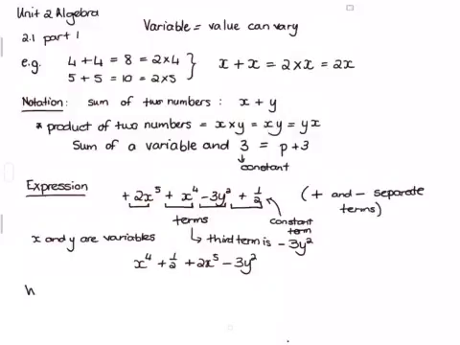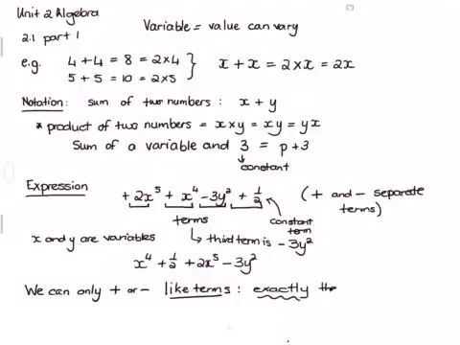Right, we can only add or subtract like terms. What do we mean by like terms? Like terms must have exactly the same variable part. Not just the same variable part.